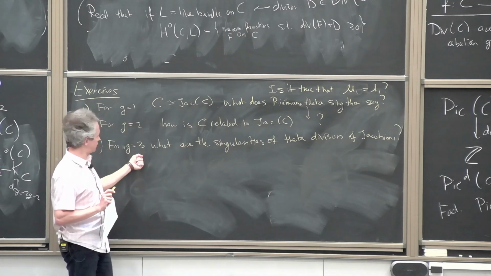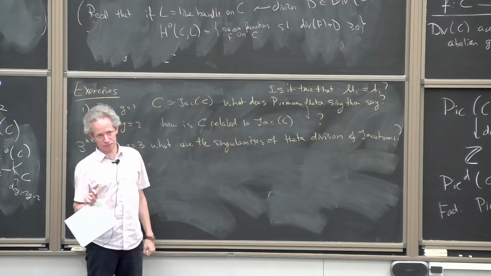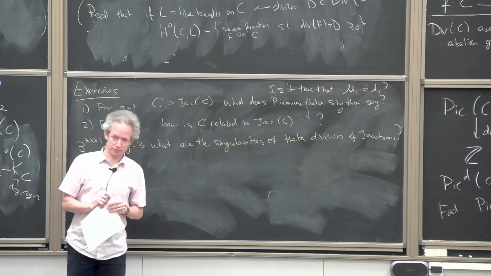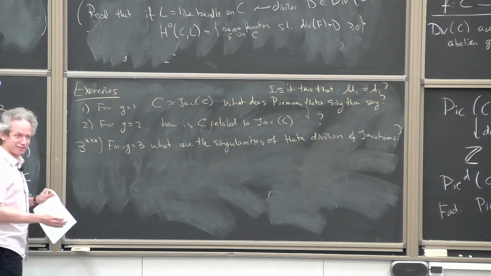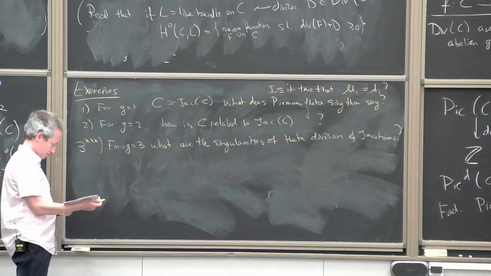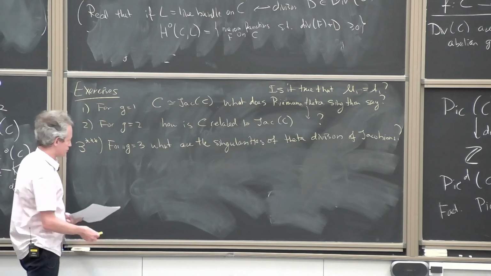Is the theta divisor of a Jacobian of a genus 3 curve singular? If it is, what are its singular points? What do the singular points look like? Okay. I mean, I'm aware that 'look like' is not a mathematical term, but this is what I would like for you to think about. Okay.